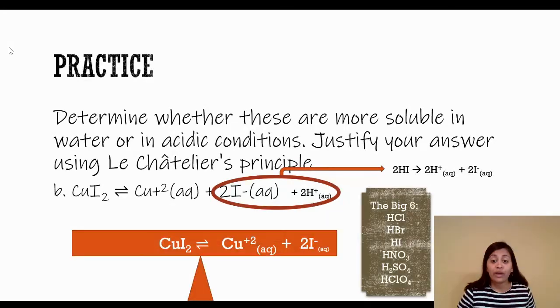So in Le Chatelier's principle, we're going to end up having more iodine ions present. And so when we see more iodine ions, we're going to favor the left-hand side, or favor the reactants instead. So this would not dissolve very well in acidic conditions.